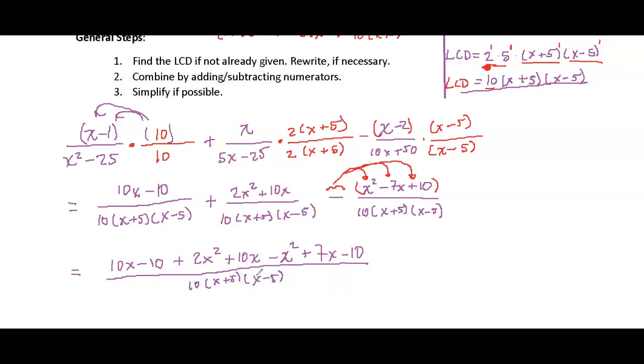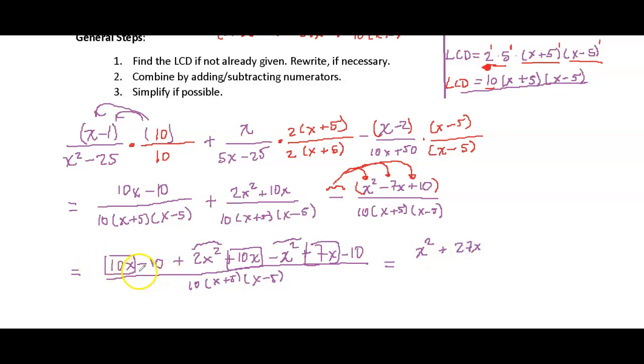All that is left to do here is combine any like terms in the numerator and simplify if possible. So let's see, we've got a 2x squared minus an x squared, so that'll leave us with just an x squared. And it seems that we have 10x here plus another 10x here, so that's 20x, plus a 7x, that is 27x.